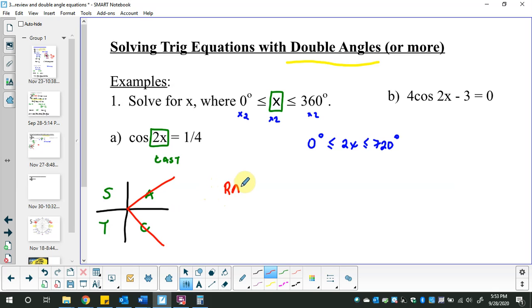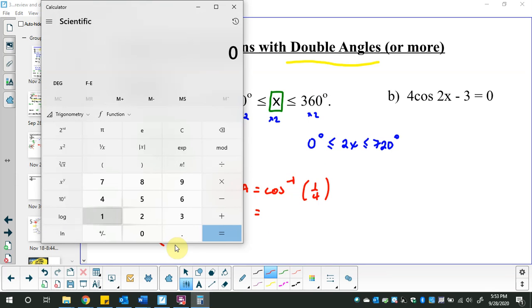So RAA is equal to cos inverse of 1 over 4. And you dig out your calculator and you get a number of degrees. And you're well on your way at this point. So 1 divided by 4 equals, second function cos, and we get 75.5 degrees.